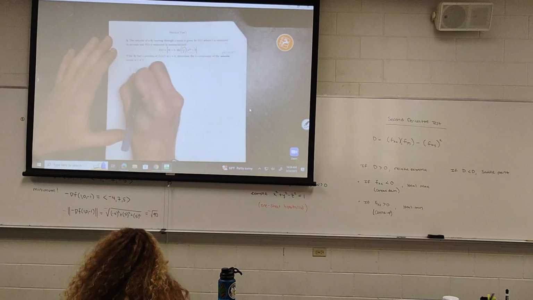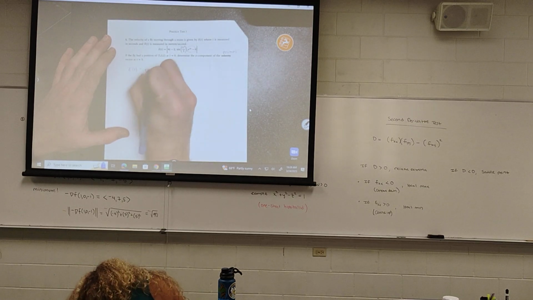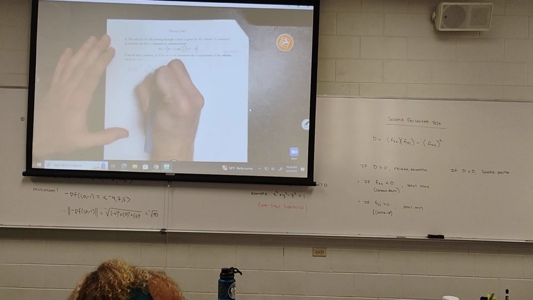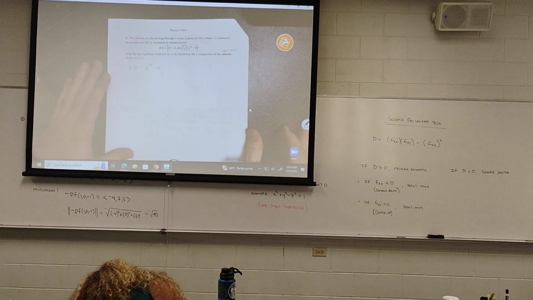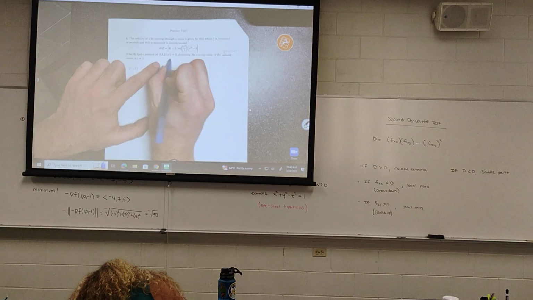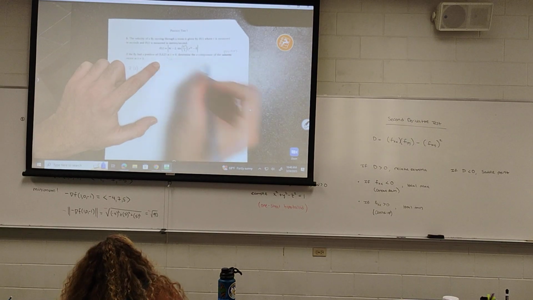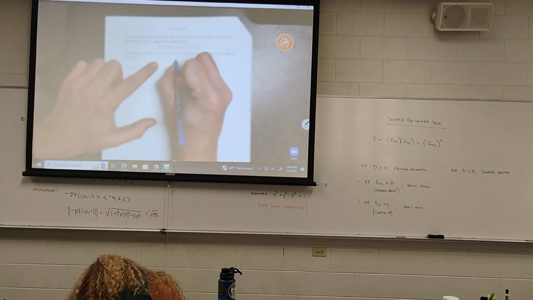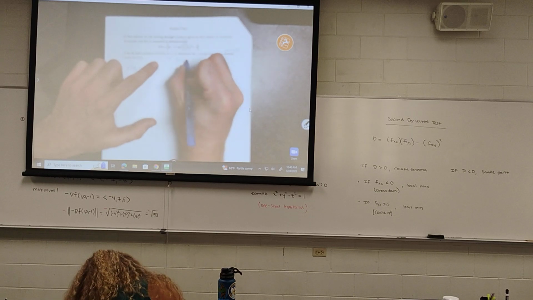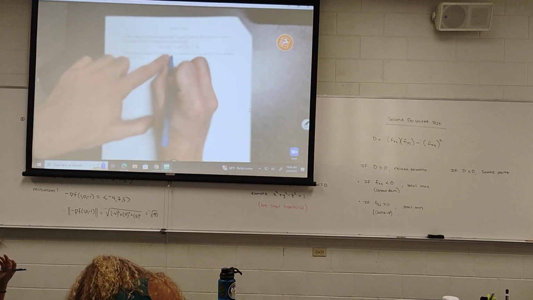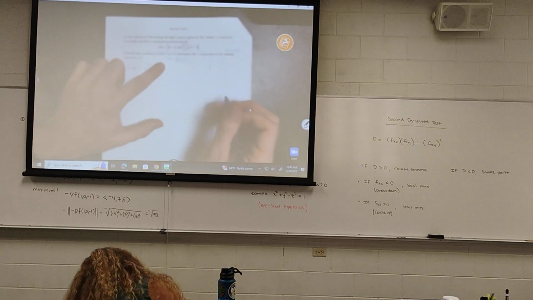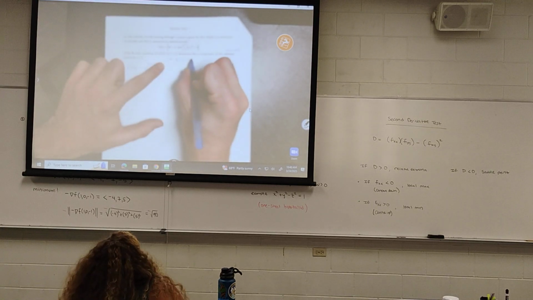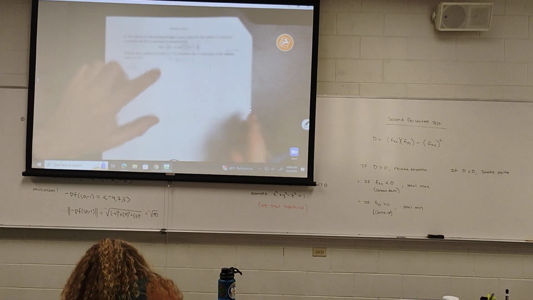So z prime of t is e to the 3t minus 6. And here's going to be the secret to our success. You just need to know that z of 0, the z coordinate at t equals 0, is 2. That's your initial condition.